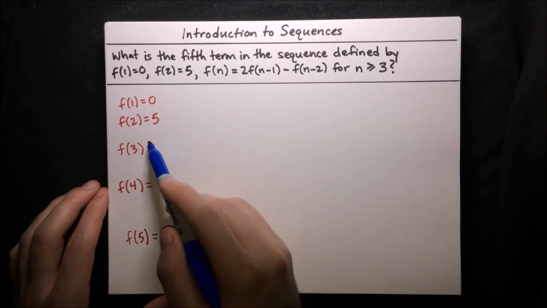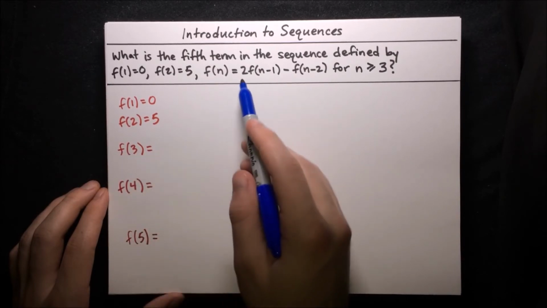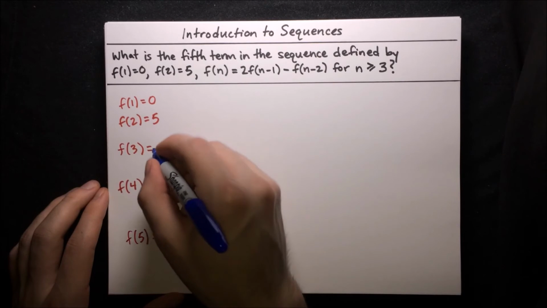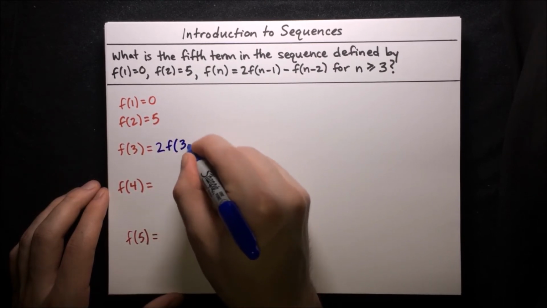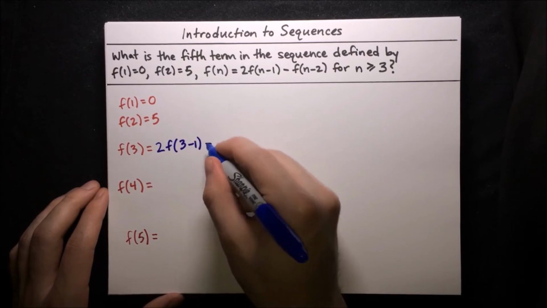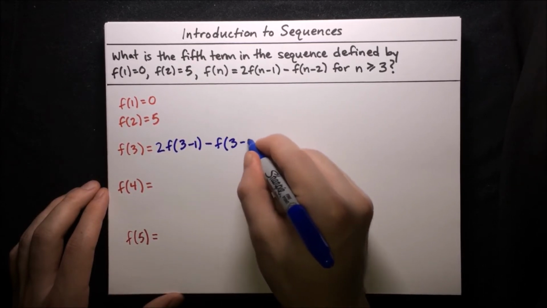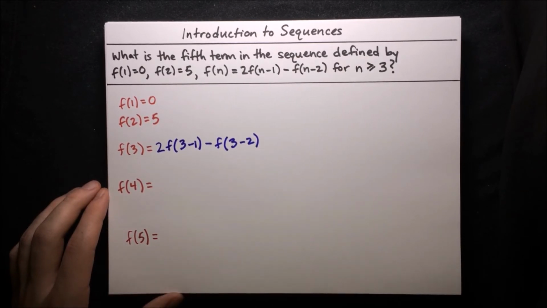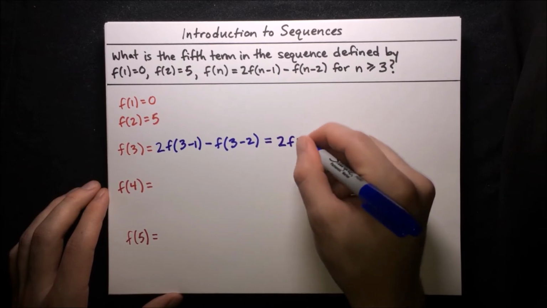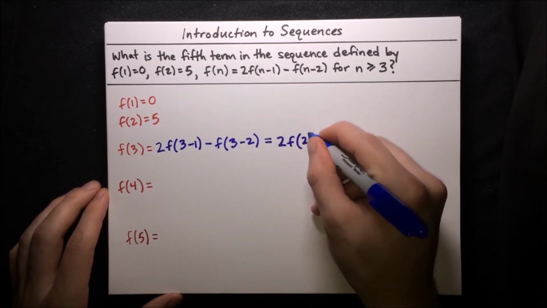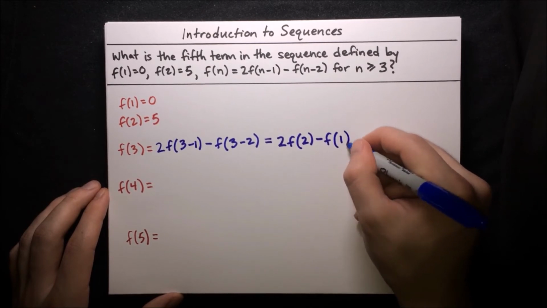So plugging in n equals 3, we get f of 3 is equal to 2 times f of 3 minus 1, and then minus f of 3 minus 2. And let's simplify this a bit. So this is equal to 2 times f of 2, and then minus f of 1.